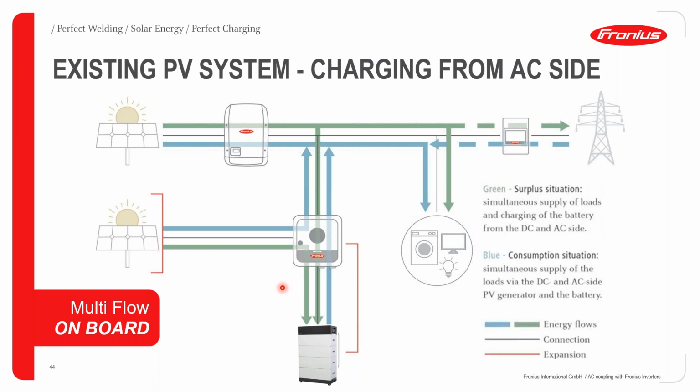But the most important thing in this case is that you have the flexibility of converting power from AC to DC, DC to AC, and AC to DC, that is charging from the PV point, and supplying power from the battery to the load when we have low or no irradiation, and no grid.